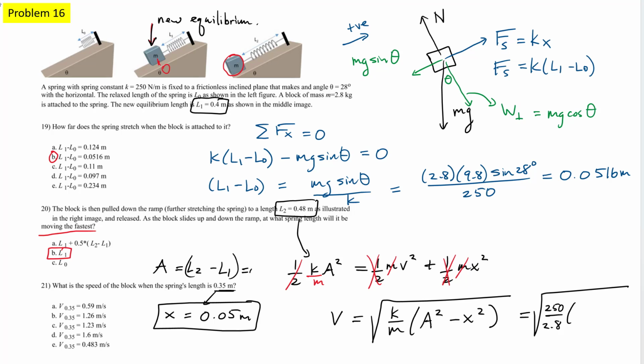In this case, this is 0.08. So I put 0.08 squared, and then minus 0.05 squared for that spring position. You substitute in all our numbers now, and we get a speed of roughly 0.59 meters per second. That corresponds to choice A as being the best choice.